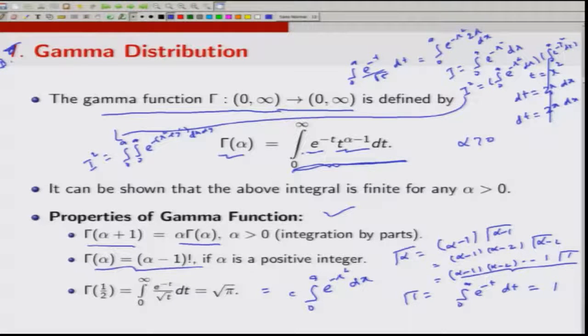Now, one can put the polar coordinate transformation, x is equal to r cos theta, y is equal to r sin theta. The Jacobian will turn out to be r, with r greater than 0, theta between 0 to 2 pi, and one can get gamma half then as root pi. So, one can try this. This is a simple exercise. This was done in one of the assignments.